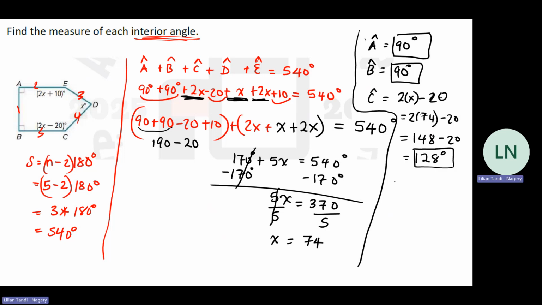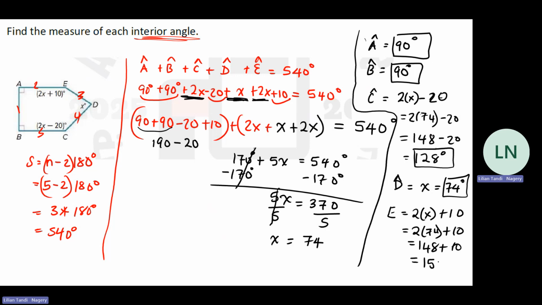Then you will do angle D. Angle D is x, which is 74 degrees, and you box your answer. Then you will do angle E. Angle E is 2 times x plus 10. So you have 2 times 74 plus 10, which is 148 plus 10, which is 158 degrees. And you box your answer.